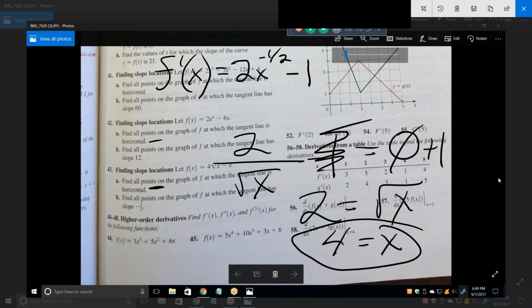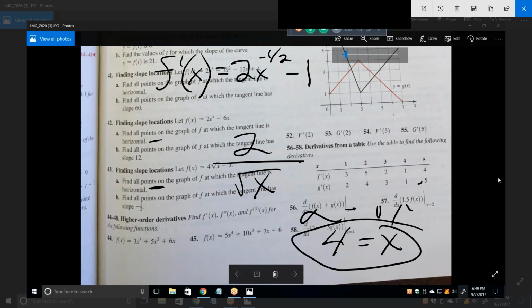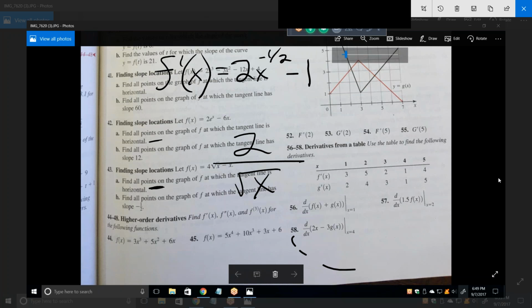Okay, whoops, sorry. We're on this one down here. Now, solve the second part. I got the derivative is going to be equal to what? The derivative, negative 1/2. Okay. Now you just got to solve that.